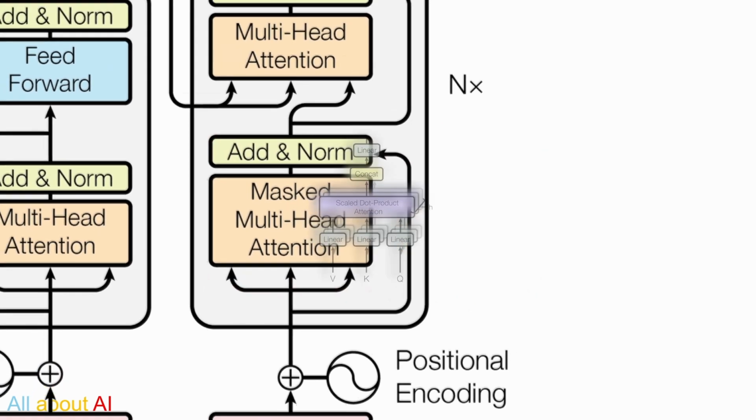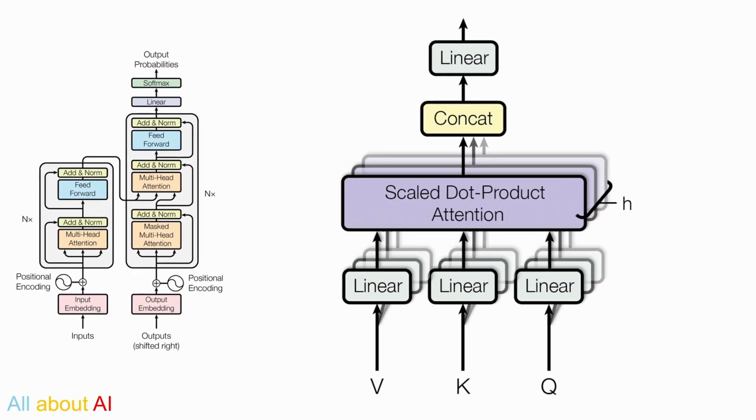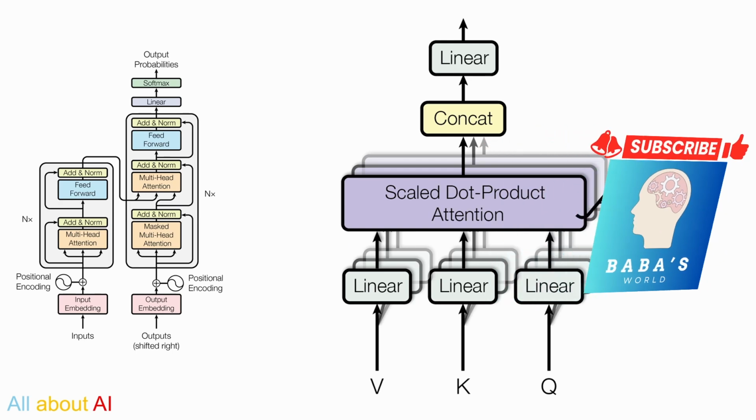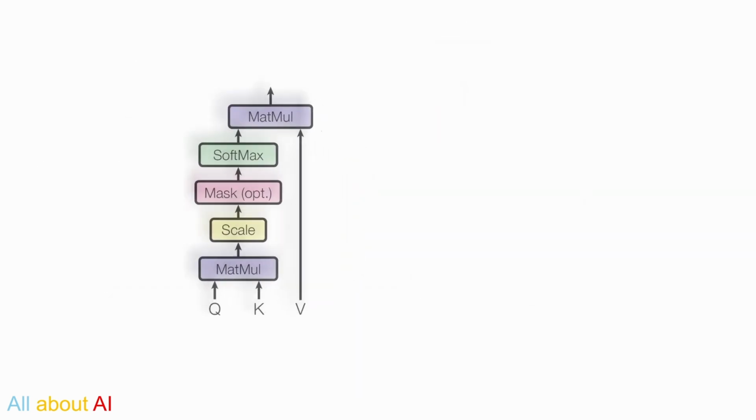This multi-head attention has many scaled dot product attention units combined or stacked together, having different heads. So our focus will be on the individual dot product attention, which is also called self attention.